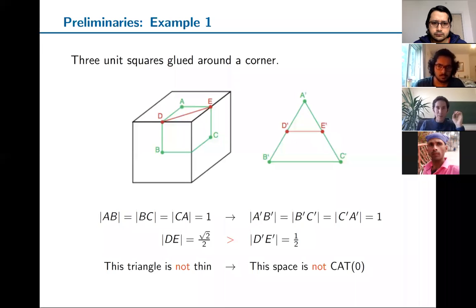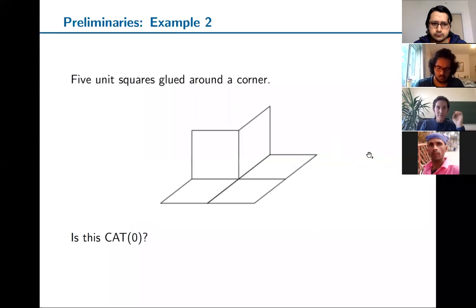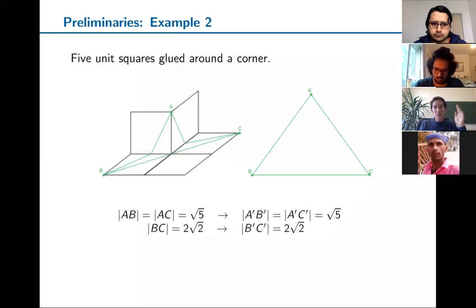So let me now make another example. So let's suppose you have these 5 squares that are glued around this corner. And again, you ask yourself if this is CAT(0). So again, for that, you need to understand the triangles. So you look at this triangle and you ask yourself, is this triangle thin or is this triangle fat?